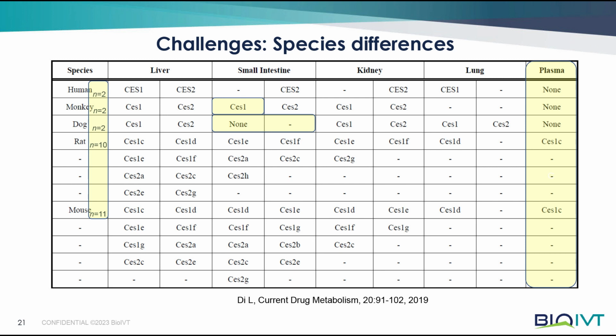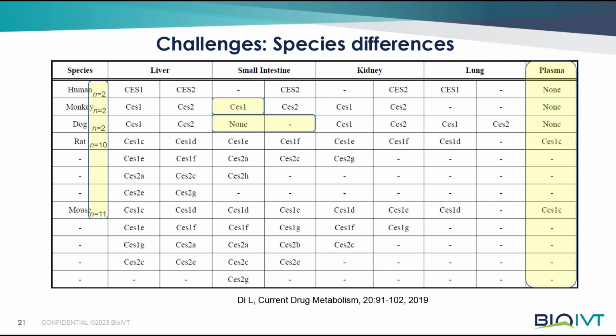And then in monkey, we also have two, and the problem is they also have carboxylesterase 1 in the intestines. So you'll see a difference there between non-human primates and humans with intestinal substrates of carboxylesterase 1.